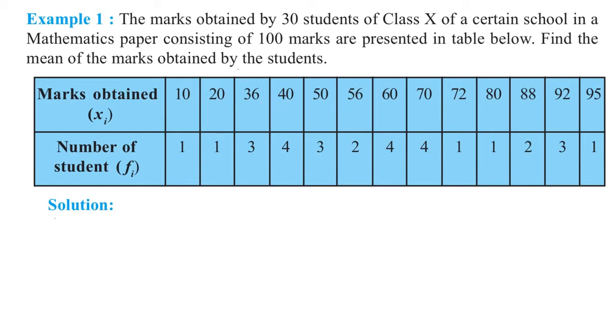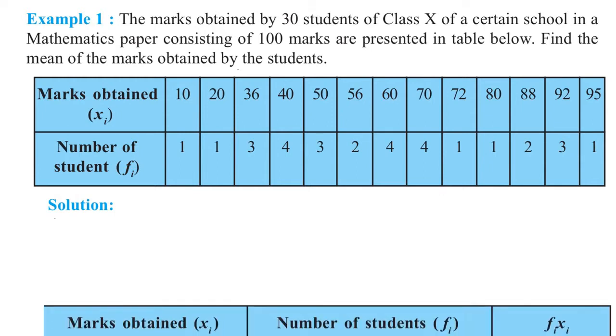So what if you have to find the mean? We know fi, we know xi, we need to find the product of these, and we need to add them, and add the frequencies. Let's redesign this table and write it in a vertical form for easy calculation.